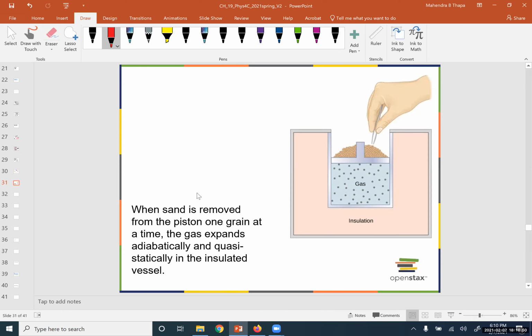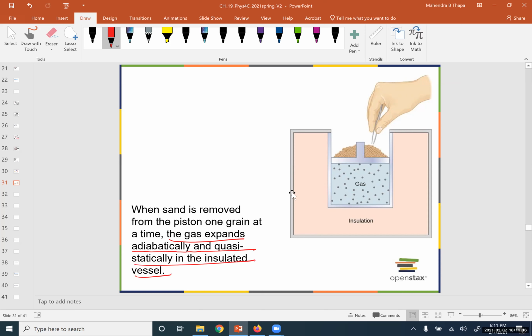In this process, we have to increase or decrease the force and the pressure very slowly. That's why the gas expands, or sometimes the gas could be compressed, adiabatically. This is called quasi-static in an insulated vessel.